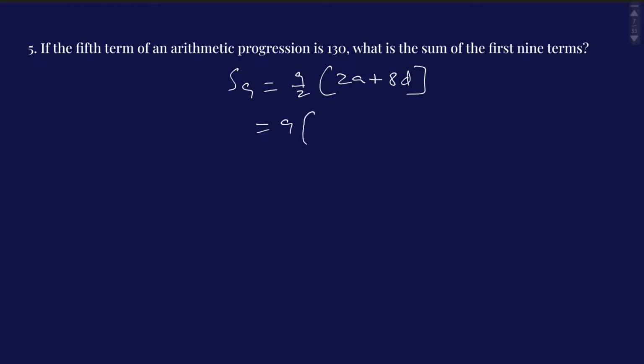It is going to be 9 into (a plus 4d), and what we are given is the fifth term of the progression, which is equal to 130. So fifth term is going to be equal to a plus 4d. Okay, so we can directly put this into our equation, 9 into 130, which is going to be nothing but 1170.